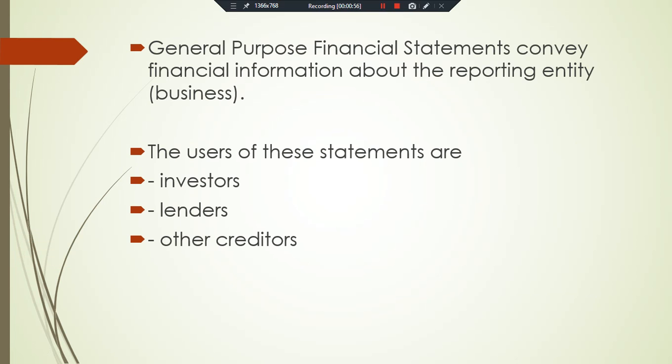The investors are the people who have an equity stake in the business, whether it be a sole trader, partnership, or company. That means they have money invested in those businesses and therefore they are part owners. So the users are the existing investors and the potential investors, the people that are looking to invest in the business.